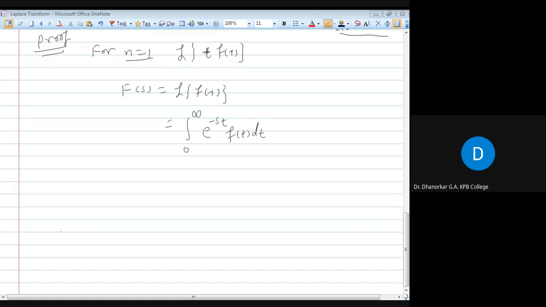Now I will find the derivative of this function on both sides, differentiating, taking the derivative with respect to s on both sides.